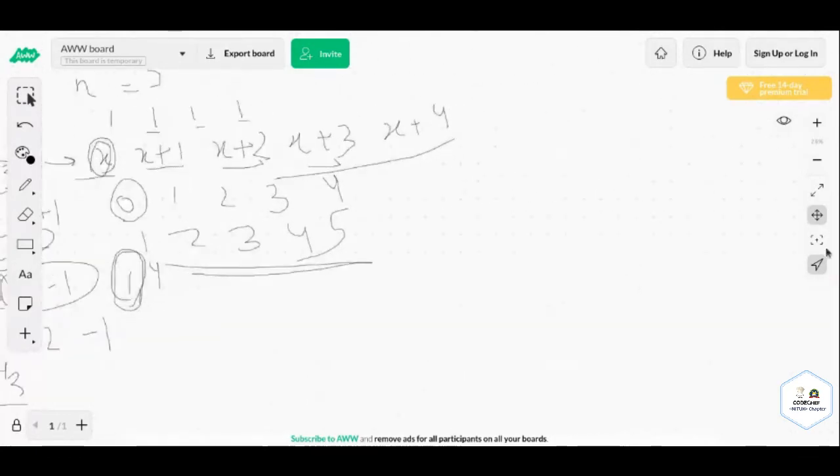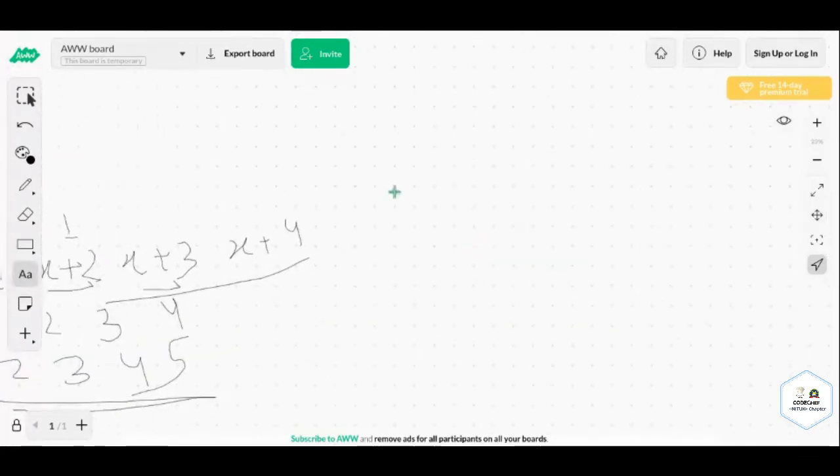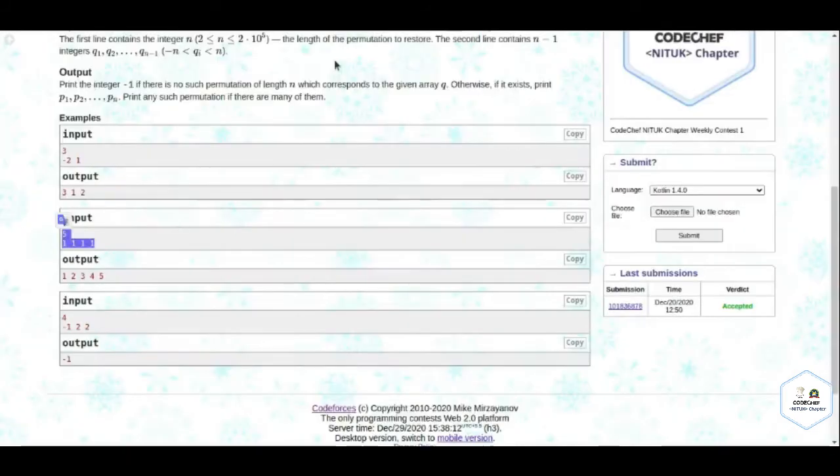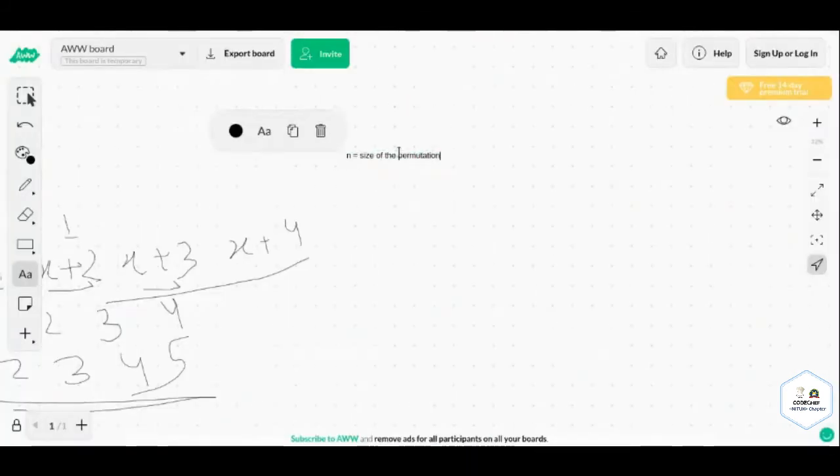Okay, let's write here. We are given n, that is the size of the permutation, and then we have the q array, the array of differences. Let p be the original permutation. First of all, we will calculate all the differences.